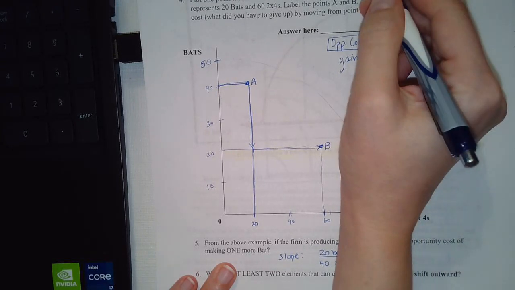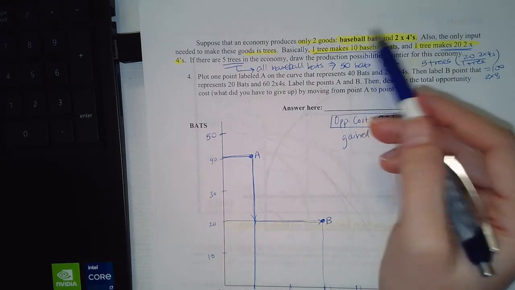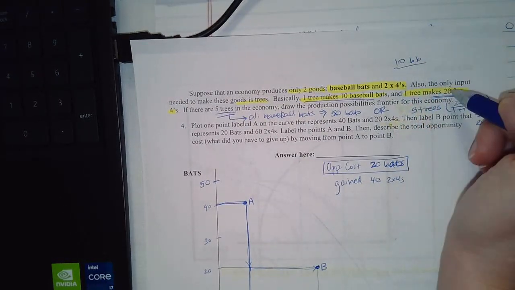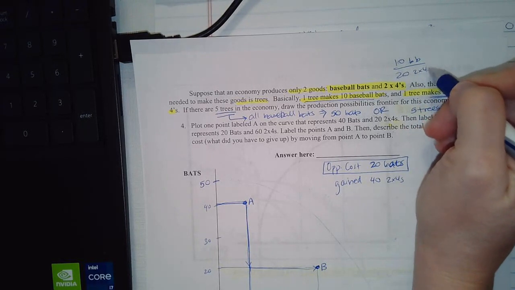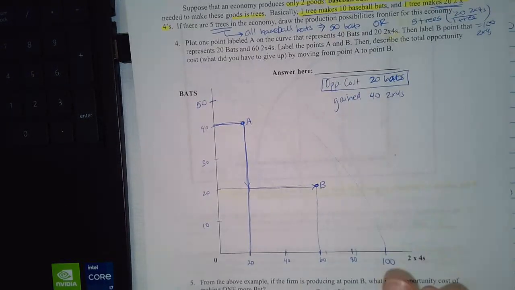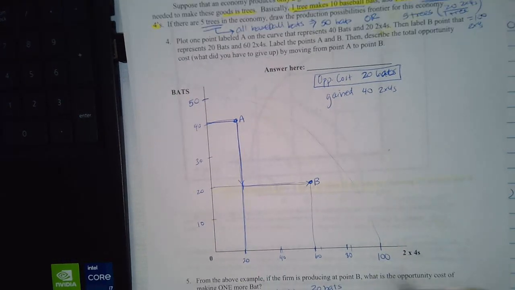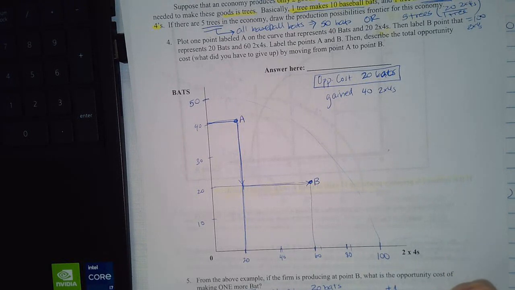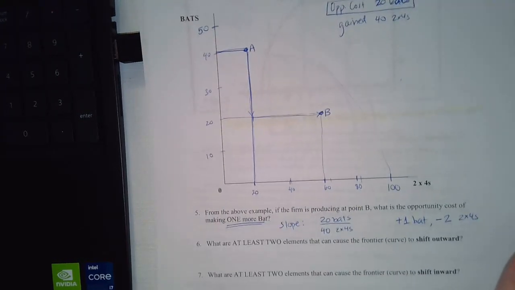We could see that even from the initial part: 10 baseball bats give us 20 2x4s, so you can make twice the number of 2x4s for every bat. If we make one more bat, we're giving up 2 of our 2x4s. There's a 1-to-2 ratio here.